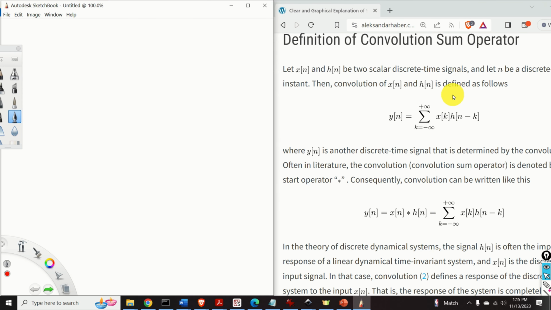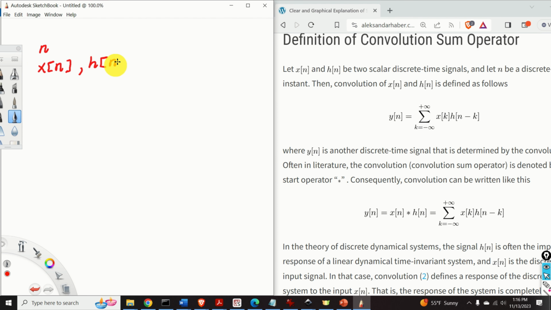Okay, let's start. The convolution operator is given by this infinite sum. And the best approach for understanding this sum is to try to write it down. So let's do it. Let n be a discrete time instant. And let x of n and h of n be two discrete time signals or discrete time sequences.